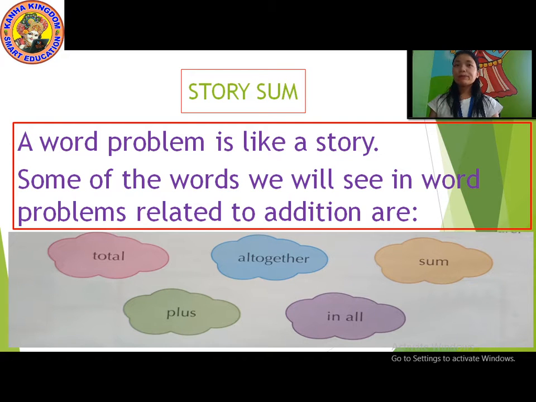So these are the words related to addition in a story sum: total, altogether, sum, plus, and in all. Okay student, so now we are going to solve a story problem.